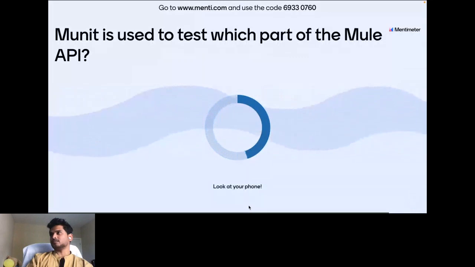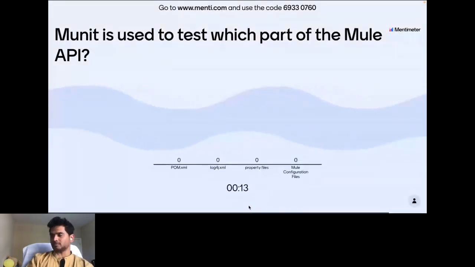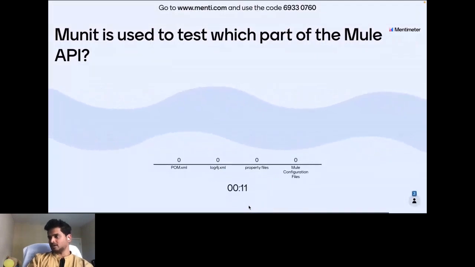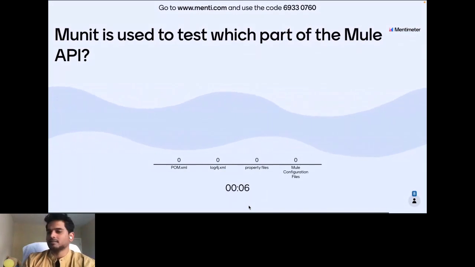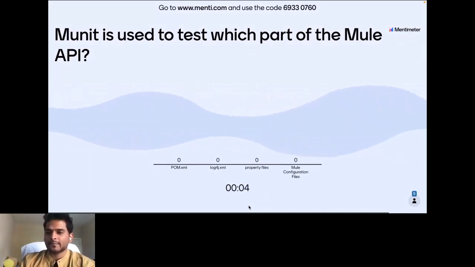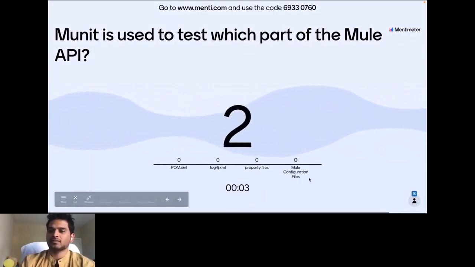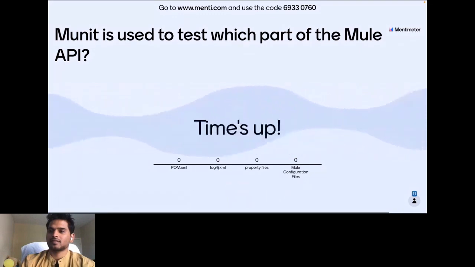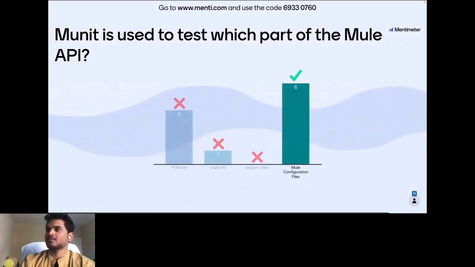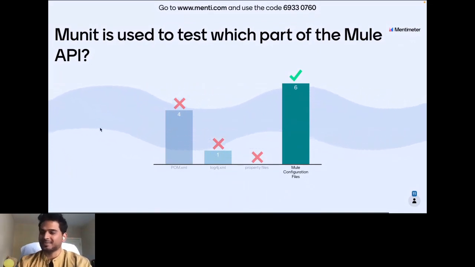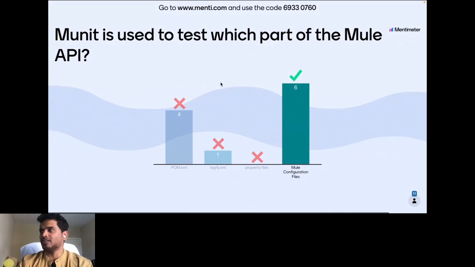MUnit is used to test which part of the Mule API? form.xml, log4j.xml, property files, Mule configuration files. Which of these? Oh, configuration files. So all the flows are present in the Mule configuration files, so we are testing that using MUnit.